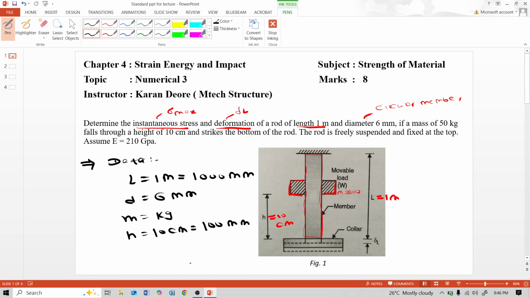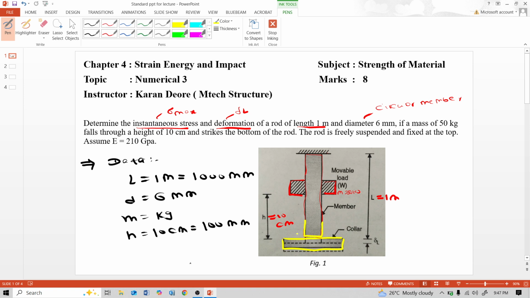And this movable load strikes the bottom of this rod. Okay, this is the collar and this is the rod.